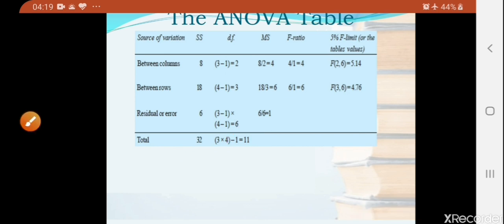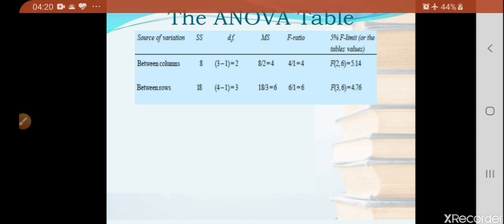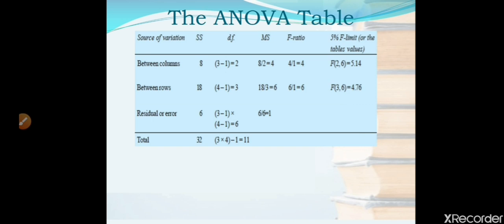So here this F ratio is MS between columns divided by the MS residual.